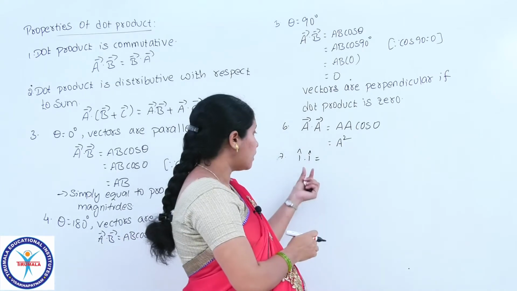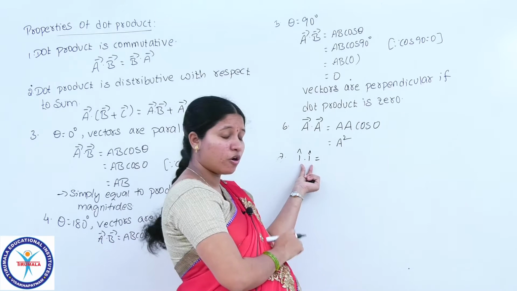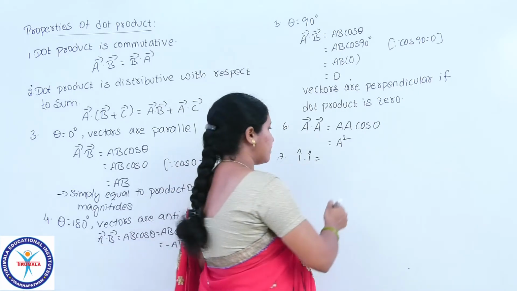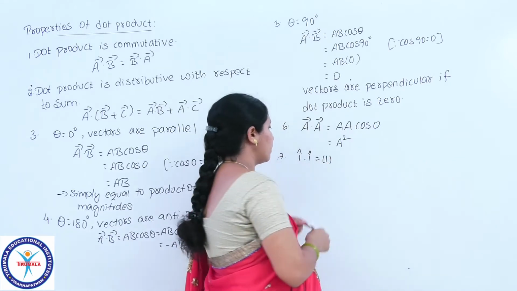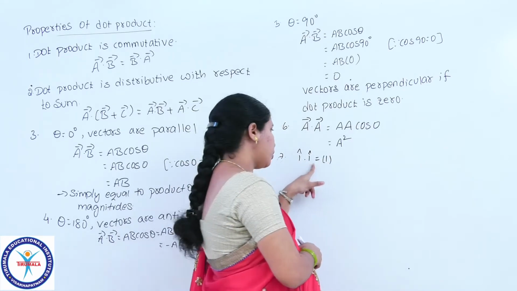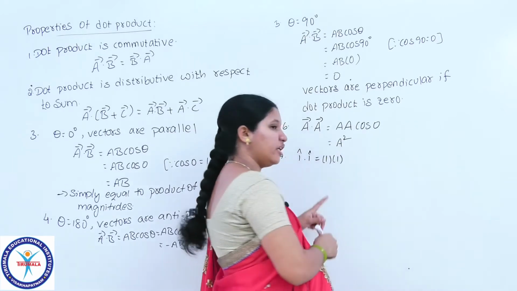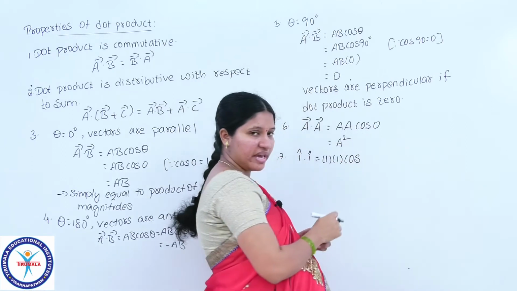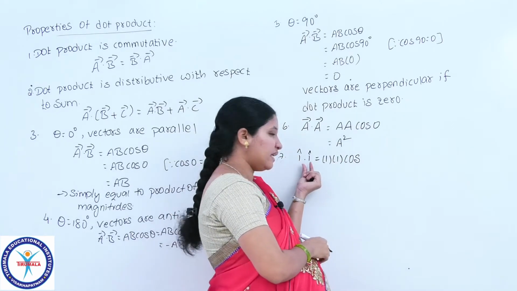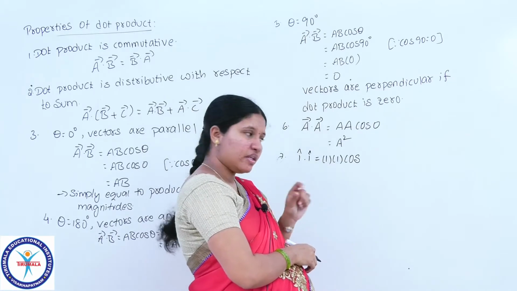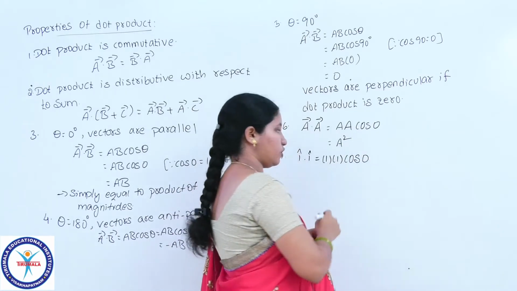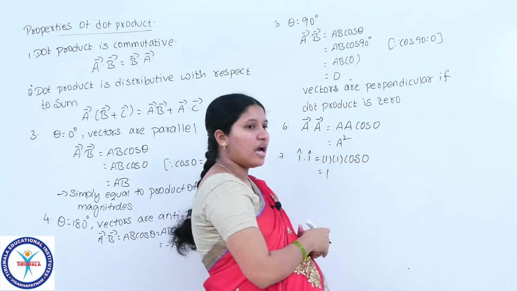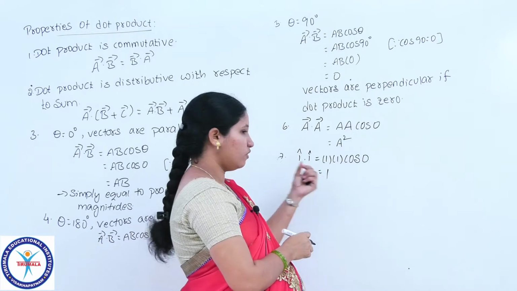By following the formula of the dot product, the magnitude of i cap is 1, into the magnitude of i cap, which is 1, into cos of the angle between them. As both are i cap, the angle between them is 0, hence cos 0. Cos 0 is 1, hence i dot i is equal to 1.